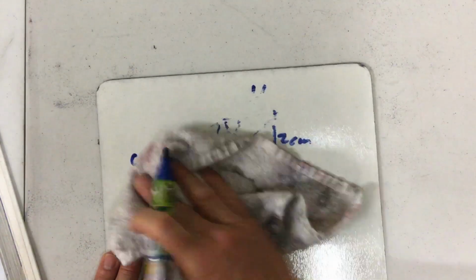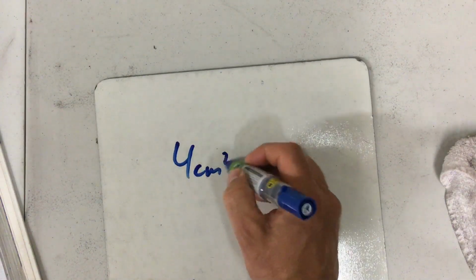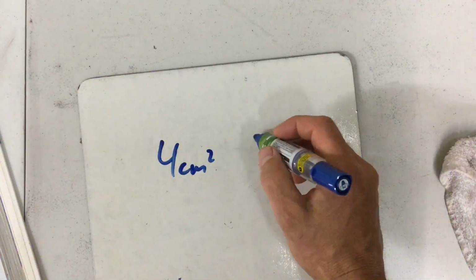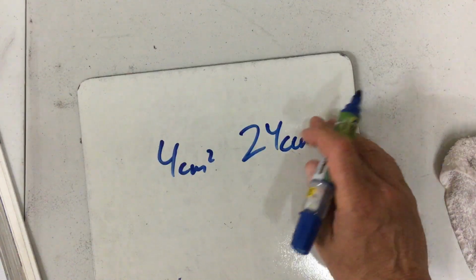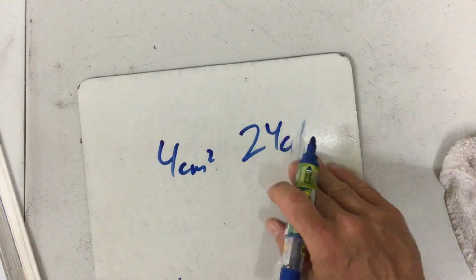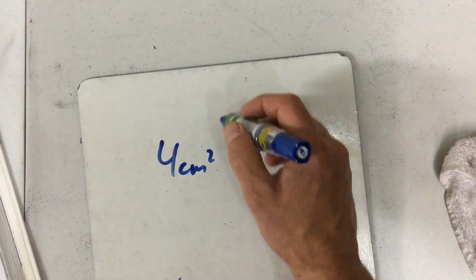So if I said to you, if the face was 4 centimeters squared, that means the entire cube would be, because it's times 6, 24 centimeters squared. That means the entire, what we call surface area.